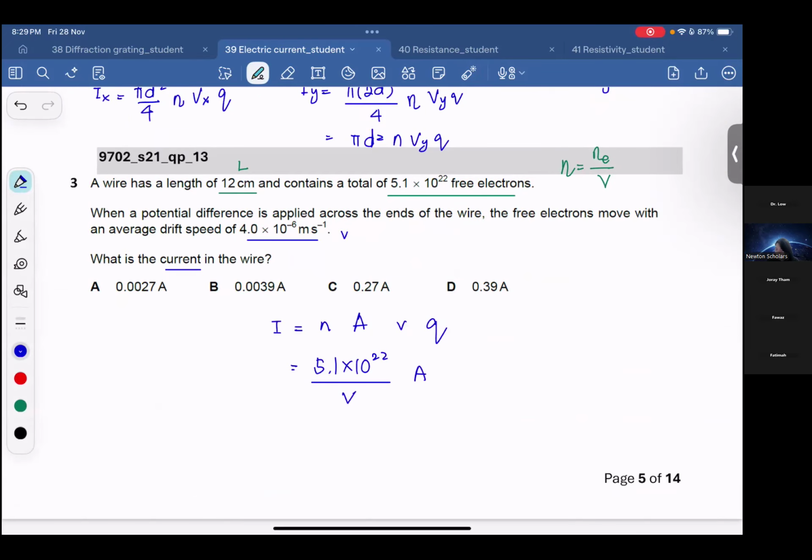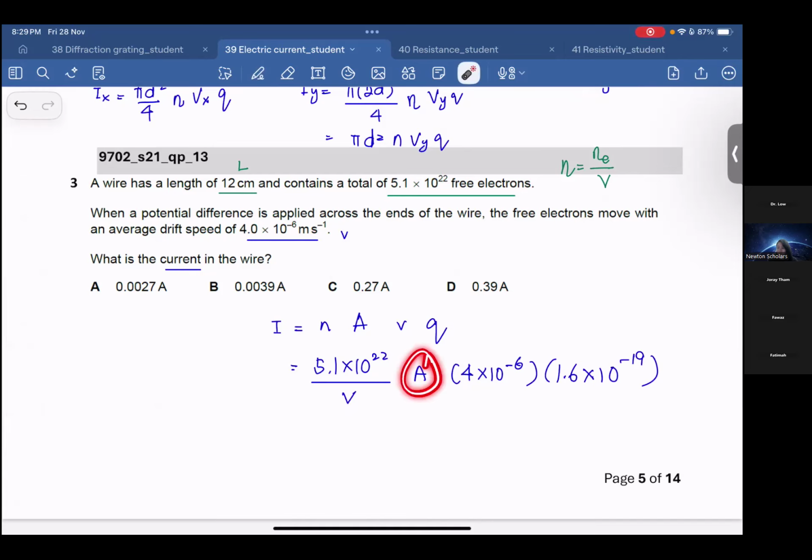Then area, v, speed, 4 times 10 power of negative 6, times 1.6 times 10 power of negative 19. That is the problem that comes out. Teacher, we don't have the area. We don't have the volume. How to do? I only have the length. So dear, here is the test on you. Do you know how to blend your mathematics knowledge into physics?